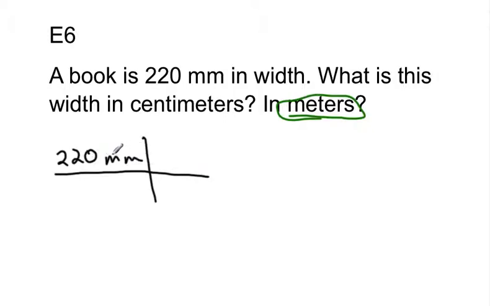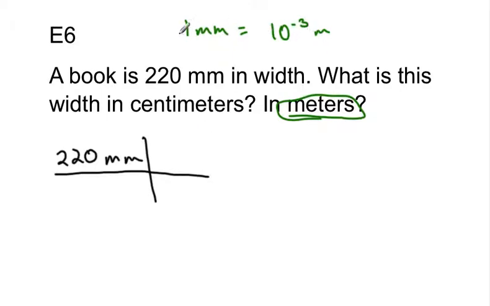If you look up a millimeter, 1 millimeter is actually 10 to the negative third meters. Milli means 1,000, so it's a 1,000th of a meter.